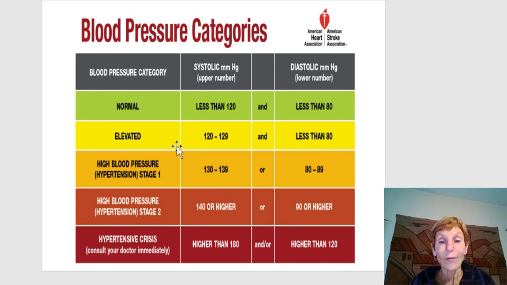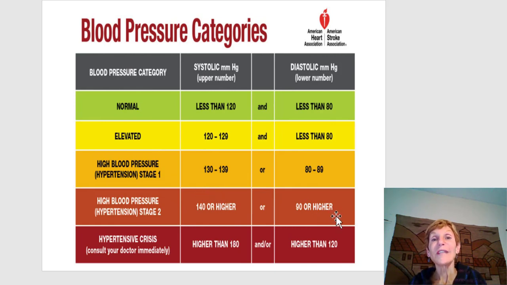Now, here are numbers that you will not have to know, but I bring this up because about 3 years ago, these numbers were different. In fact, 130 over 80 was not considered high blood pressure before. Before, the diastolic had to be 90 or higher, and often it was 140 over 90.